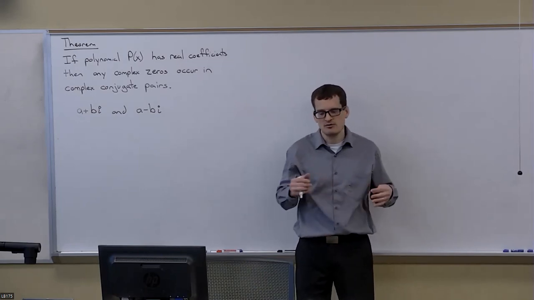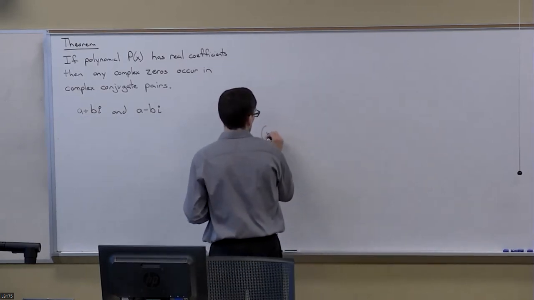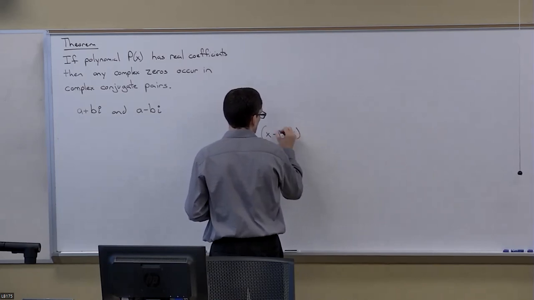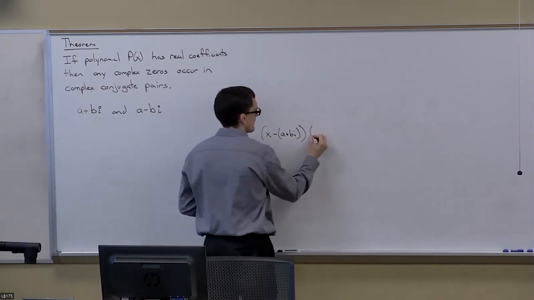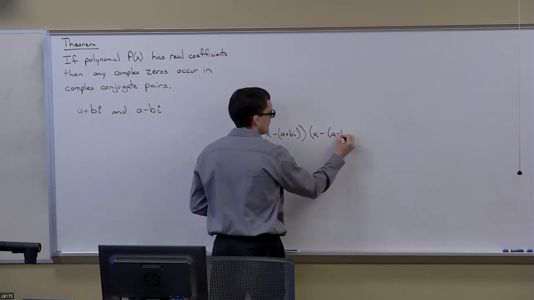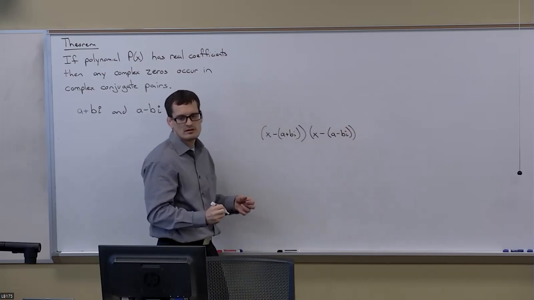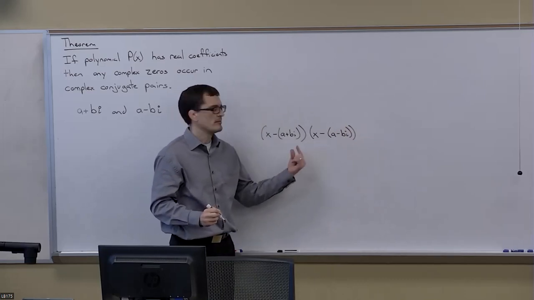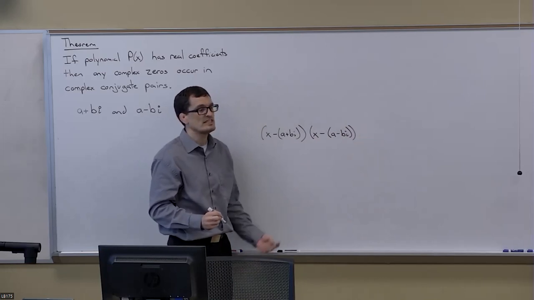I'm not going to go through the whole proof, but basically what you do is you take x minus a + bi, so x minus this root, and then x minus this other root, this other zero, and we make them complex conjugate pairs.